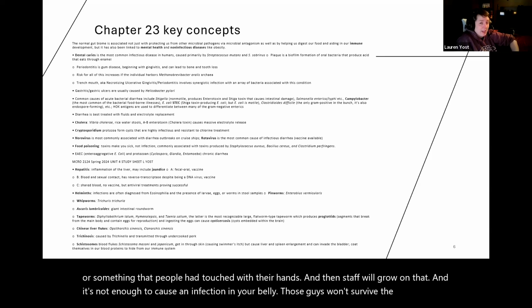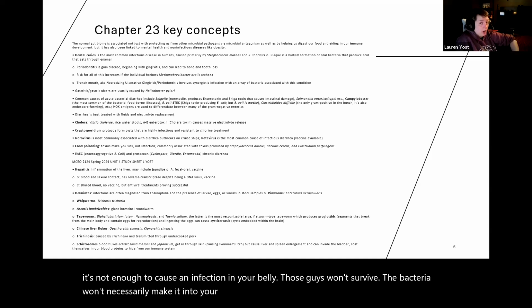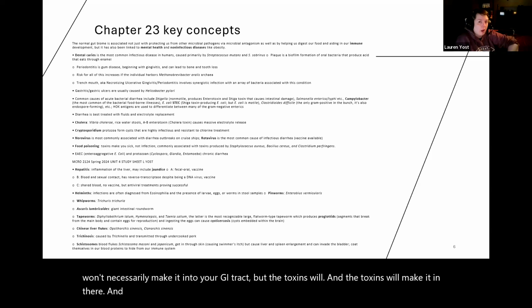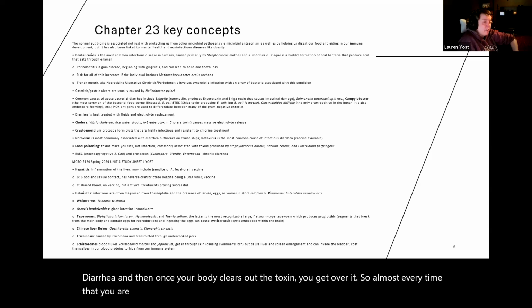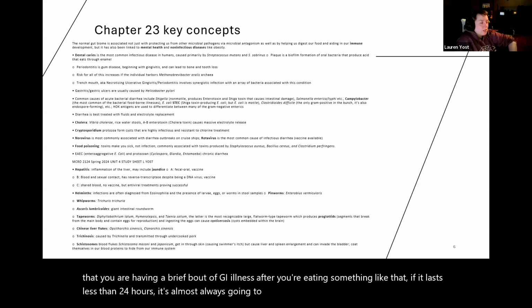The bacteria won't necessarily make it into your GI tract, but the toxins will. And the toxins will make it in there and then cause the signs and symptoms of diarrhea. And then once your body clears out the toxin, you get over it. So almost every time that you are having a brief bout of GI illness after you're eating something like that, if it lasts less than 24 hours, it's almost always going to be staph that causes it.